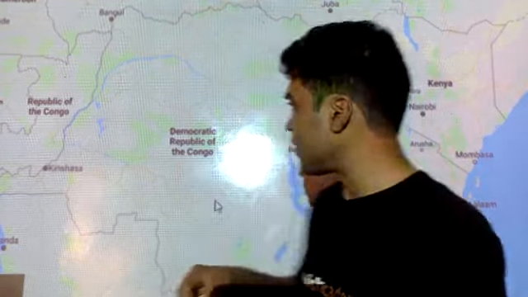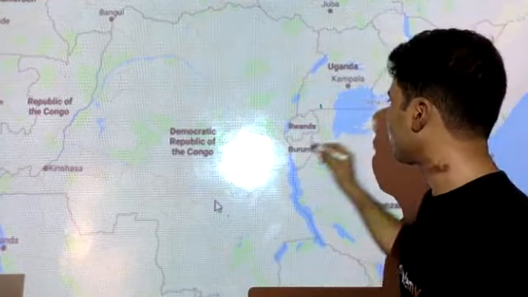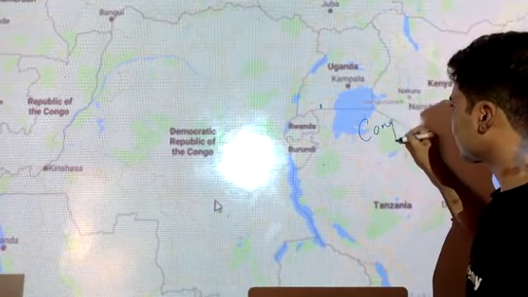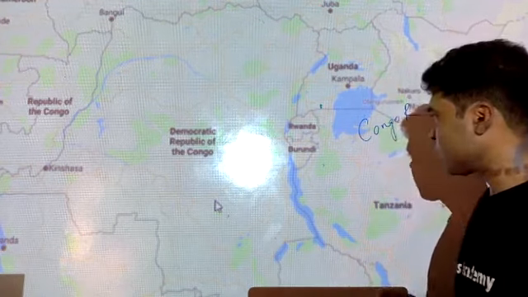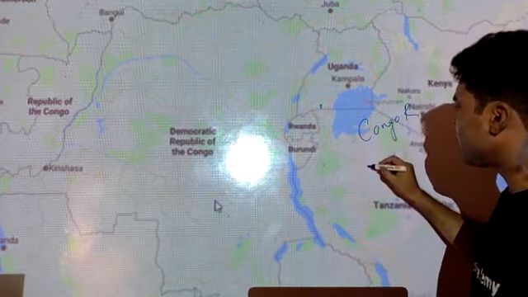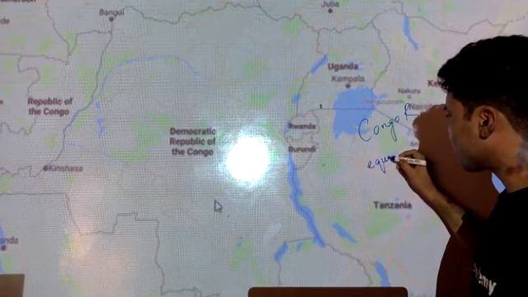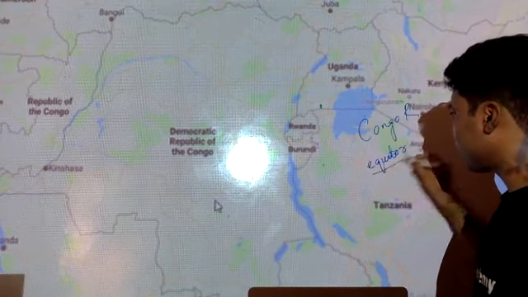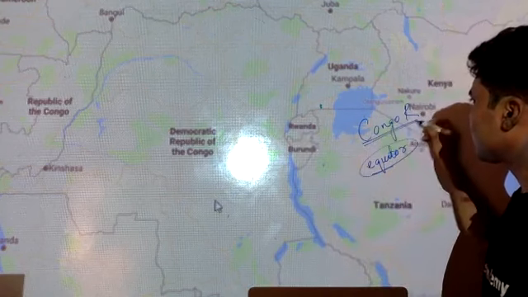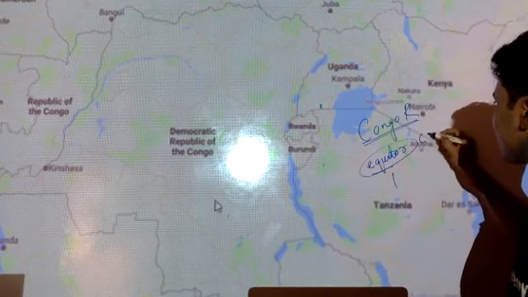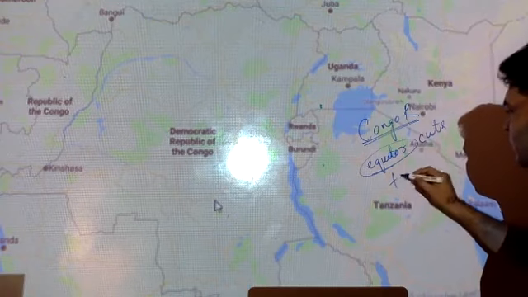And this Congo River, Democratic Republic of Congo, we know this. So the equator crosses the Congo River twice. Please remember, the equator latitude crosses this river twice.